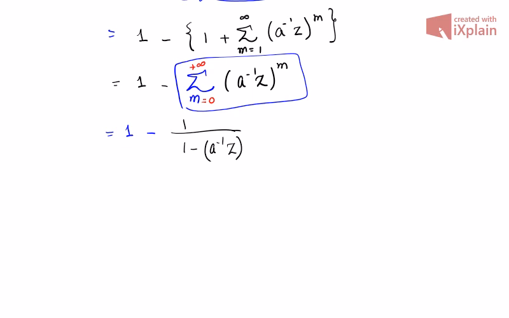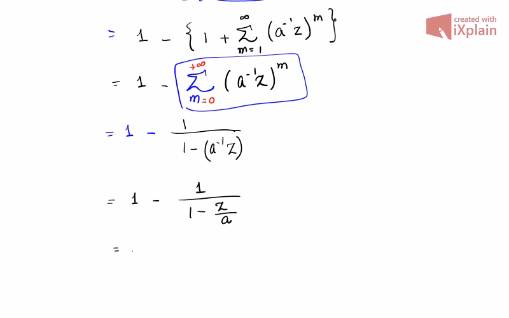So this can be further simplified, and we can write it as 1 over 1 minus z over a, right? And you can just rewrite this one.